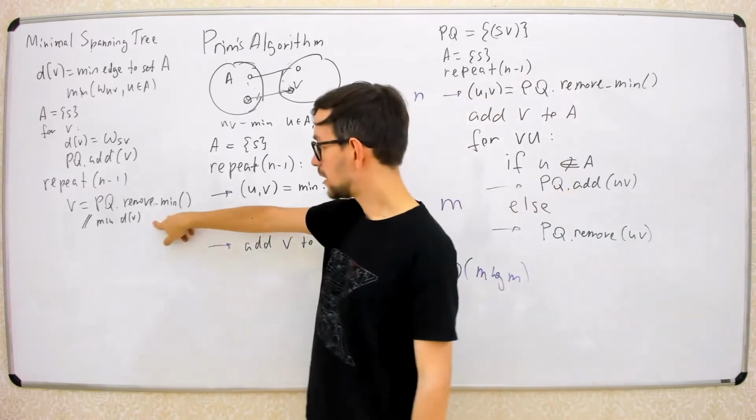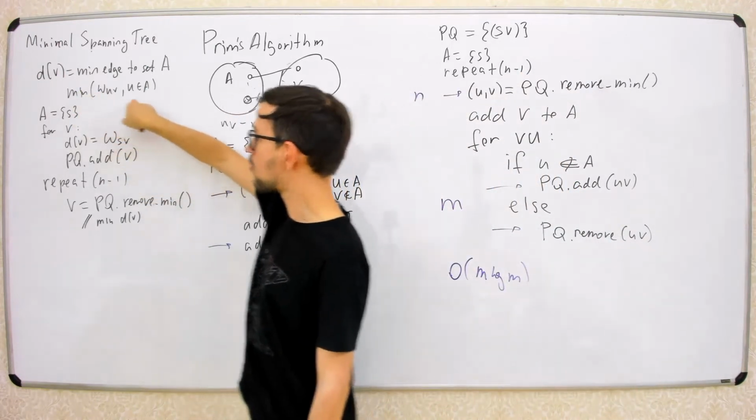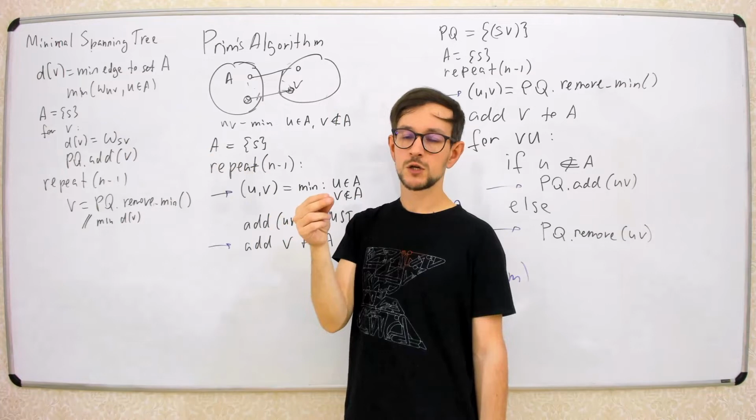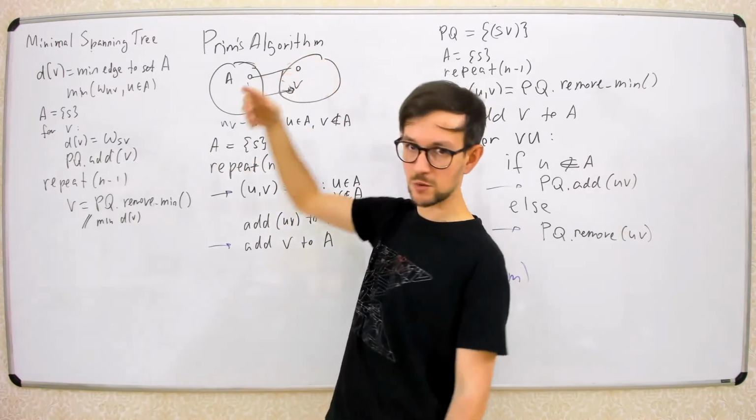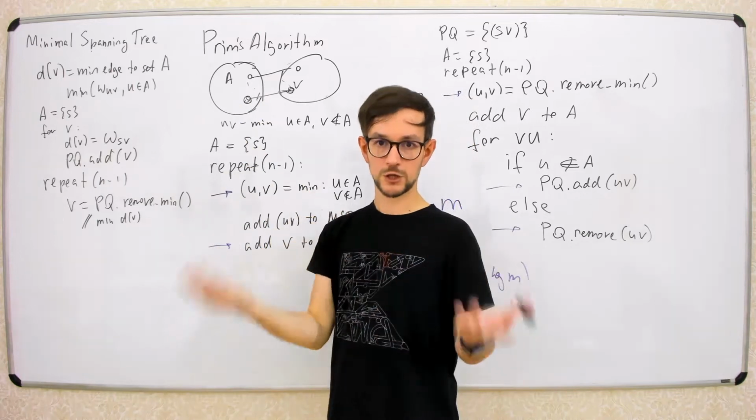Value D is by itself a minimum of all ingoing edges. So for each node I have the minimum of all ingoing edges, and now I take minimum of all these minimums. It will be the minimum of all edges.